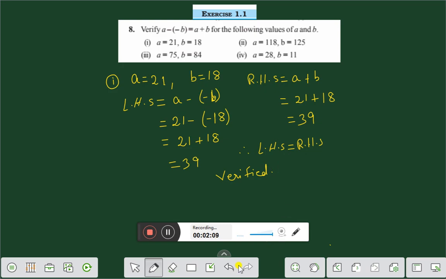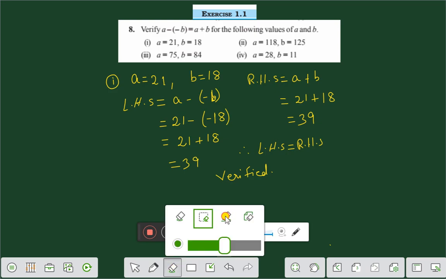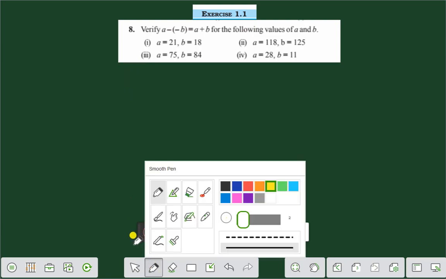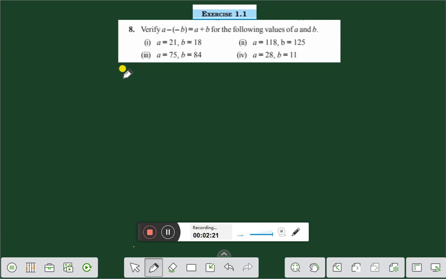Question number 2 is, a is equal to 118 and b is equal to 125.